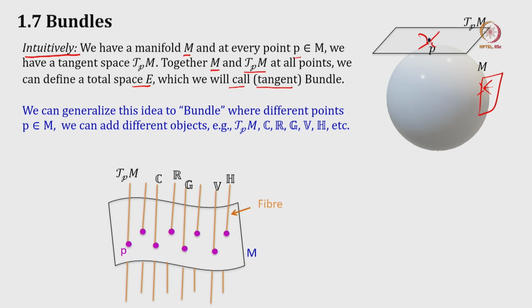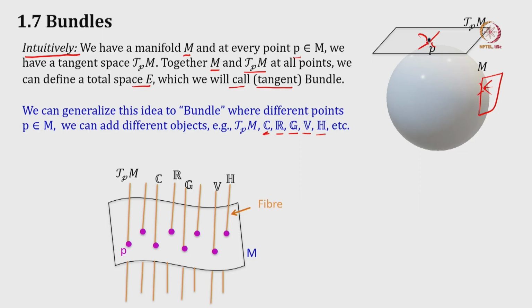Okay. So, now let us generalize this idea to bundles, and then we will come back to the tangent bundle and fiber bundle and so on. So, a bundle is where at every point on a manifold we can add the same or different objects, and going beyond tangent space we can even add real numbers, complex numbers, even a group, vector space, Hilbert space, and so on.